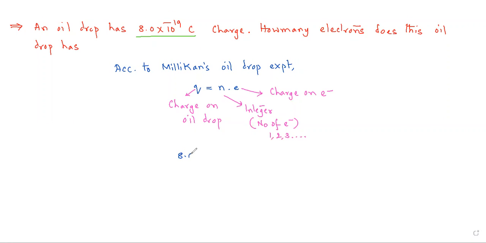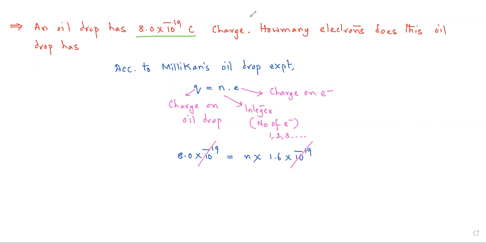Come on, let us substitute the things. 8 into 10 power minus 19 is equal to N into what is the charge on one electron? It's of course 1.602 into 10 power minus 19. But let us take it this way simply. You can just cancel out the things.